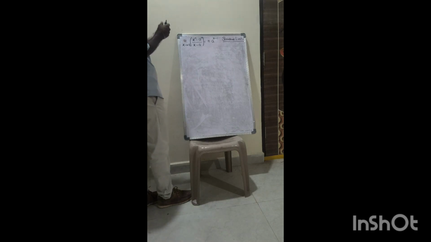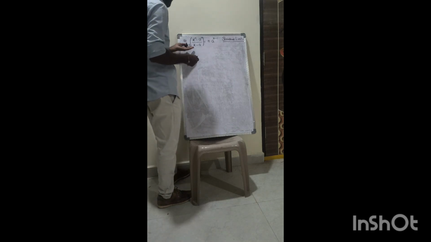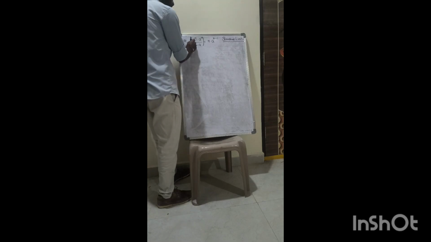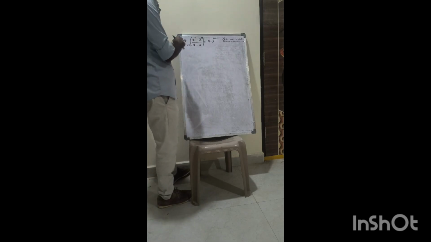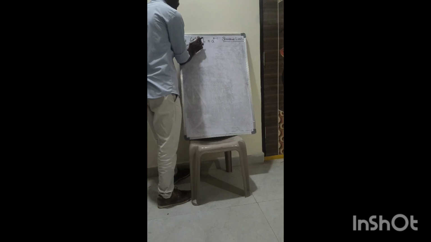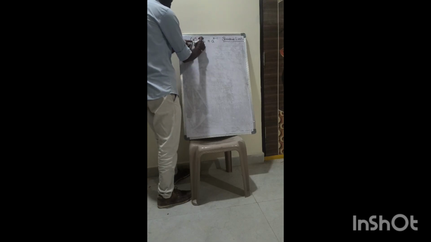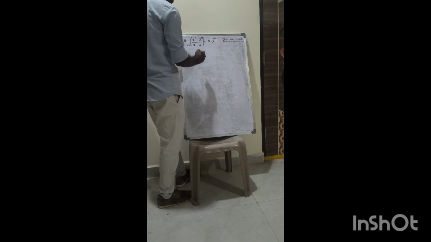Same as here, we cannot go for rationalization because it seems to be a rational expression only. So rationalization is not a useful technique here, but factorization is something which is going to help us. So we are going to do the factorization for x power n minus a power n.